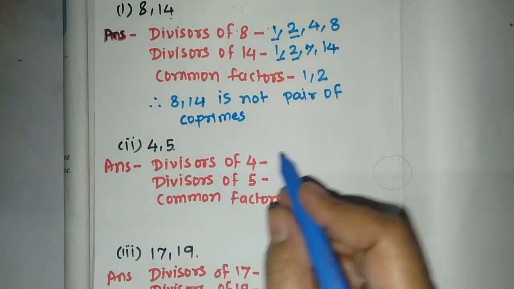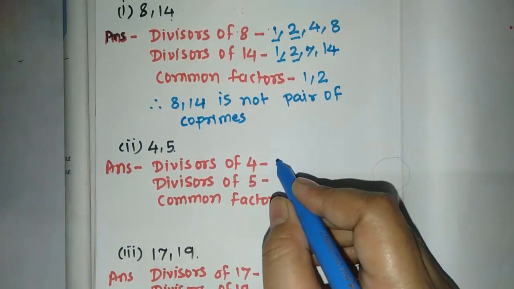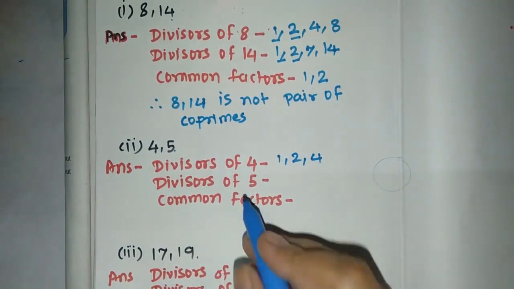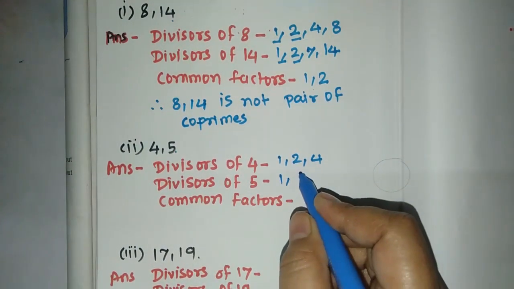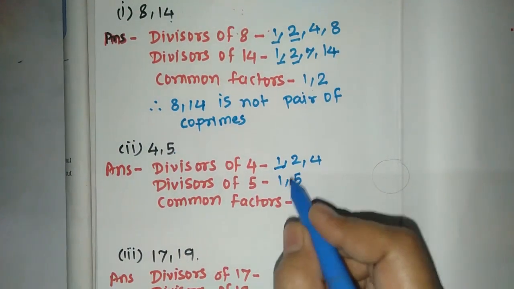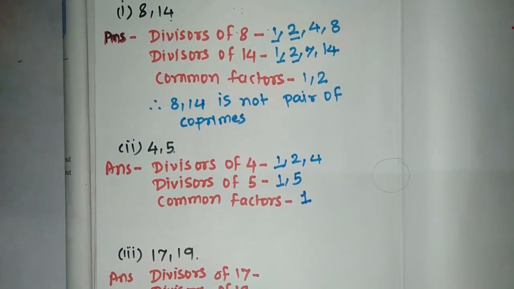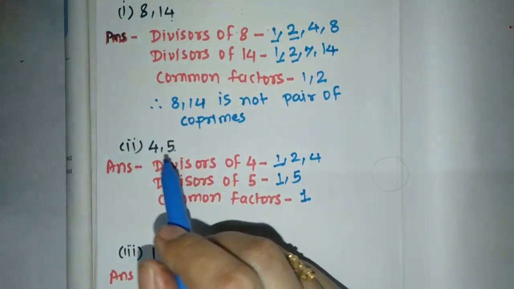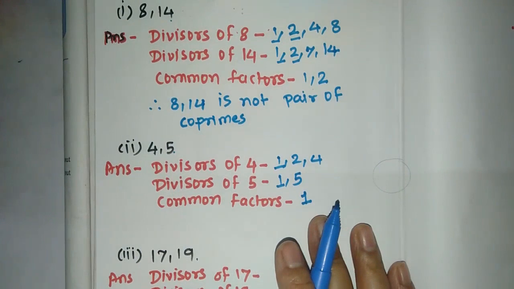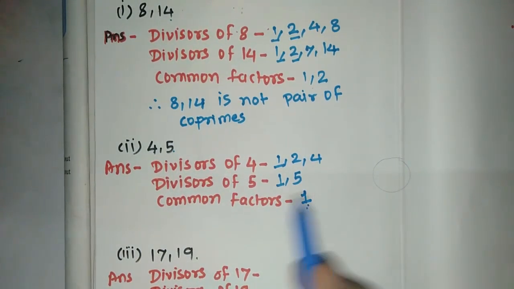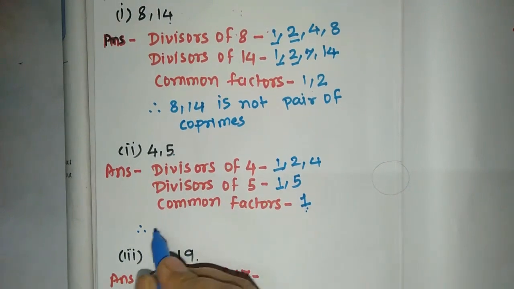Second question. Divisors of 4 are 1, 2, 4, and 5 has 1 and the number itself because it is a prime number. So the common factor is only 1. And we know the definition of co-prime numbers: when two numbers have only 1 as a common factor, they are called co-prime numbers.